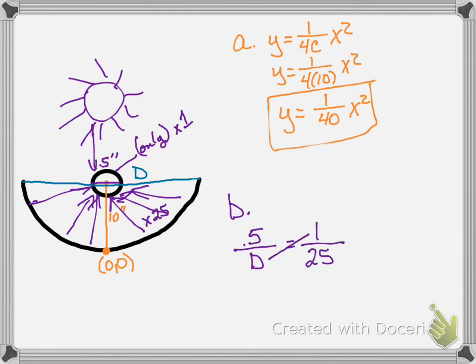So it gets 1 time by itself, or 25 with the dish, so the reflector. So we have 0.5 over D is equal to 1/25. Now we're going to cross multiply and solve for D. So D times 1 is D. And then we have 0.5 times 25. So D is equal to 12.5 inches. And that's all there is to that one. All right.